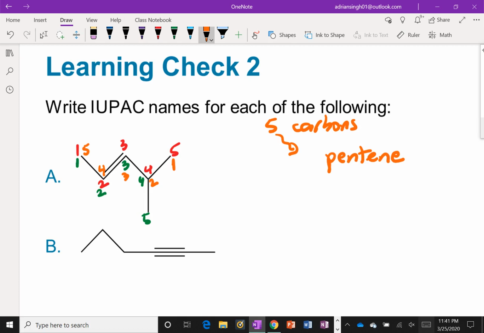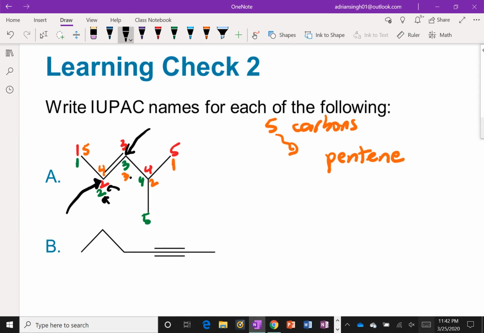All right, so if we look at either the red or the green numbering system, the carbon that starts the double bond is here, right? And either in the red or the green, that's carbon number 2. If we were to use the orange numbering system, when we go from right to left, the carbon that starts the double bond would be here, and that's carbon 3.